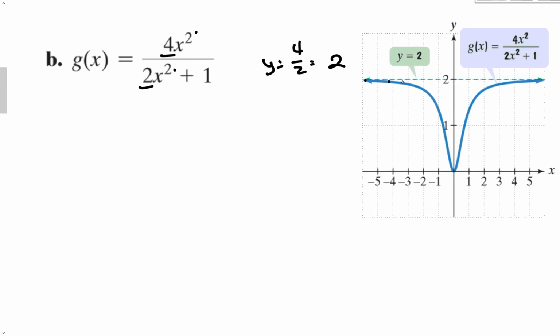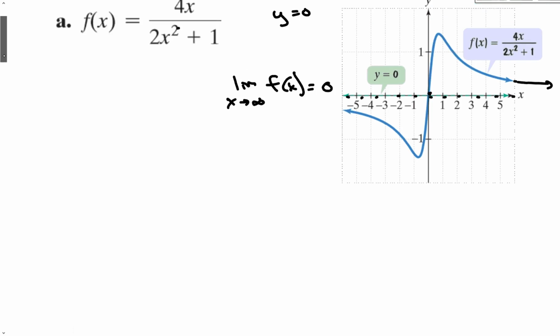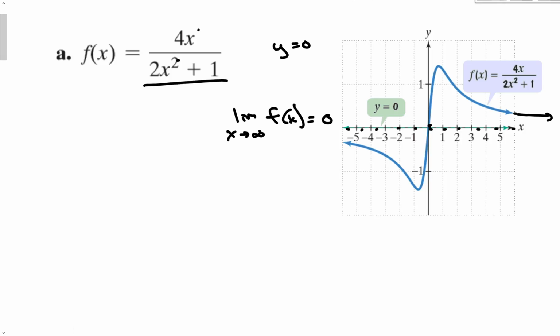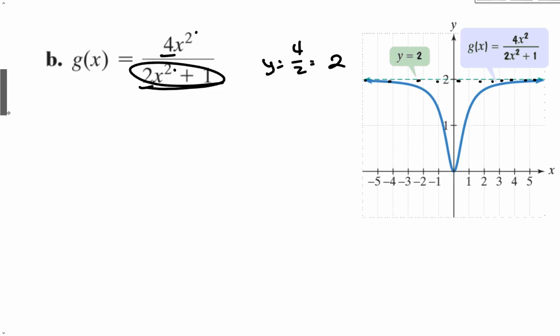So you see this function gets closer and closer to 2 as you get closer and closer to infinity. And notice that there's no place that makes the denominator equal to 0, so there's no vertical asymptotes. Same with this one. There's no vertical asymptotes because there's nowhere that the denominator is 0.